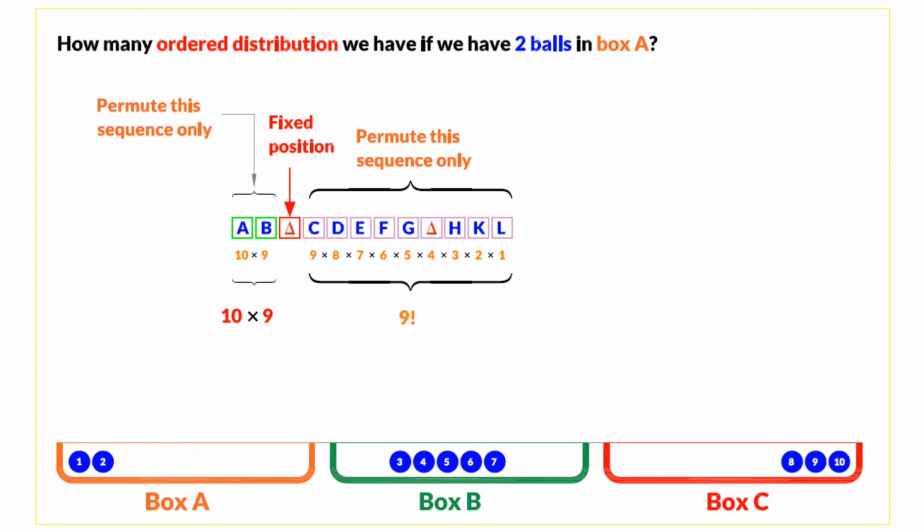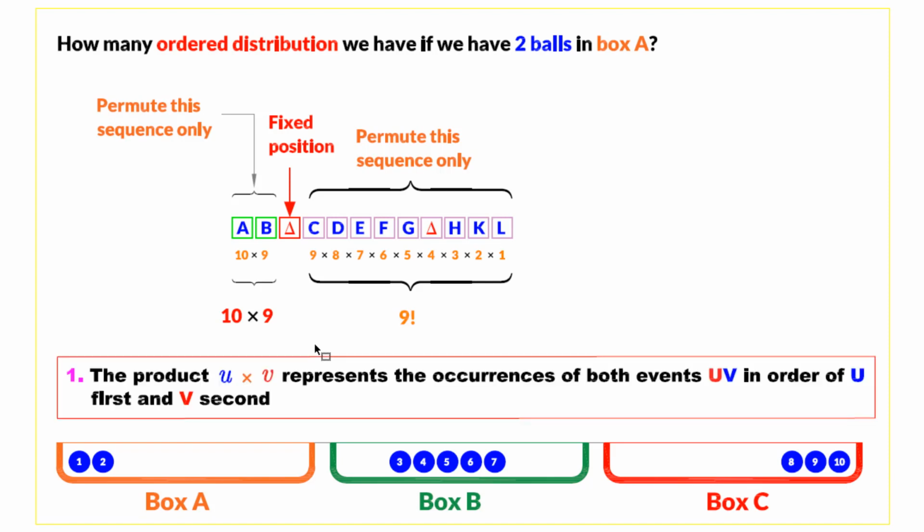And for the sequence we have 10 times 9 ways to choose 2 balls in box A. So now, in order to know the number of all possible order of these balls into the 3 boxes, we have to apply the multiplication principle. So set U has 90 elements, 10 times 9, and set V has 9 factorial elements.